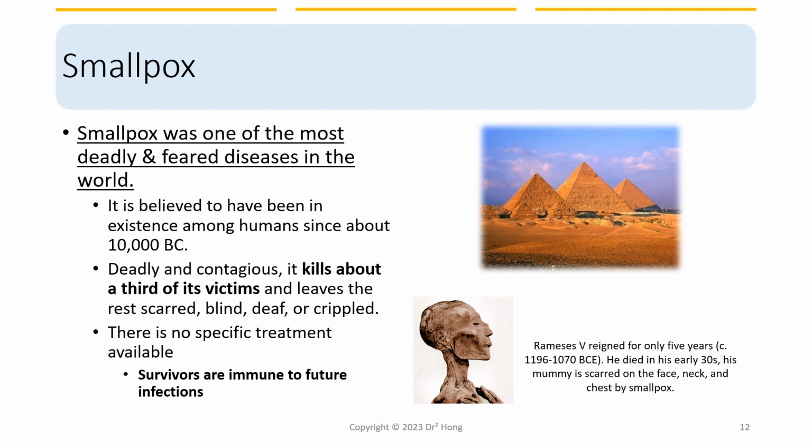Ramesses V reigned for only 5 years during the 20th dynasty. He died in his early 30s, and a possible reason for his premature death is evident on his mummy, which is scarred on the face, neck, and chest by smallpox.